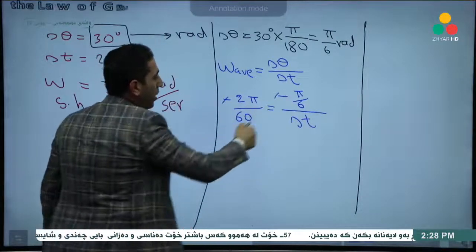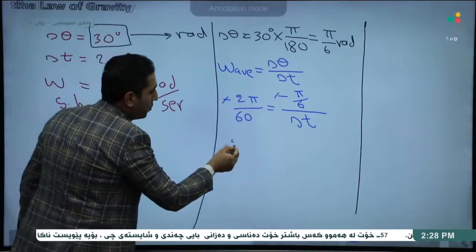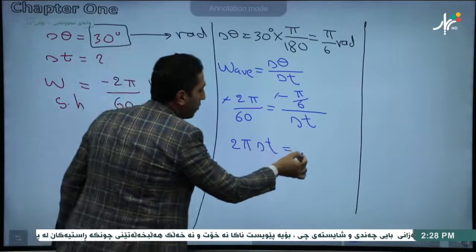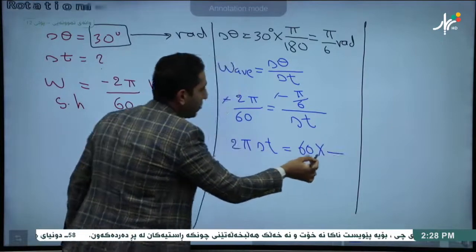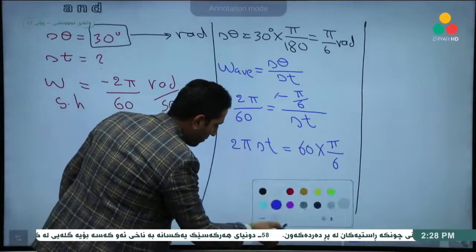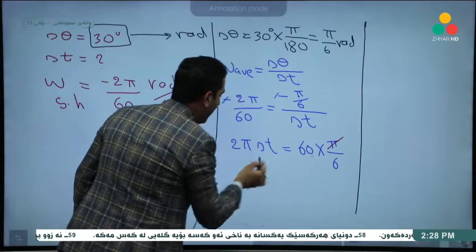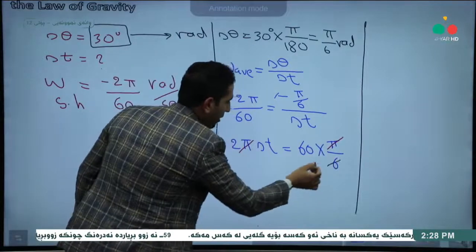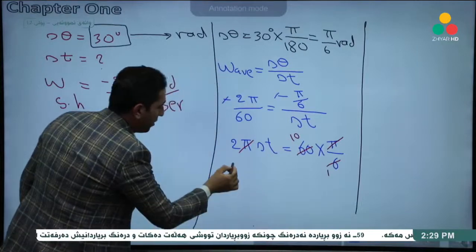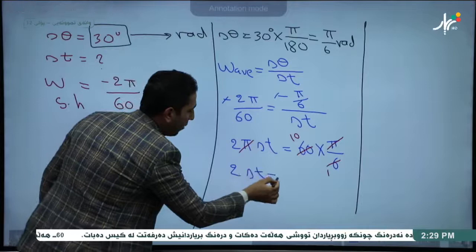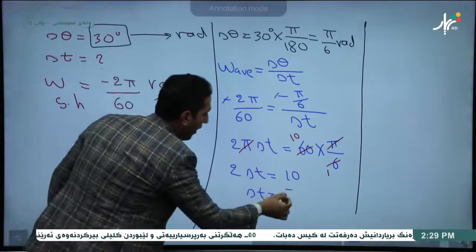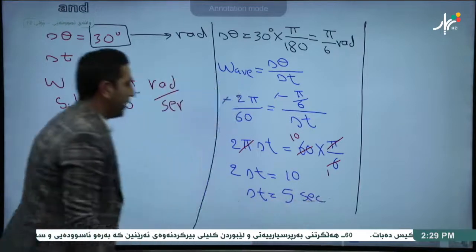Negative cancelled, cross product: 2 pi delta t is equal to 60 times pi over 6. Pi cancel. 6 into 60 is 10. 2 delta t is equal to 10, and delta t is equal to 5 seconds.